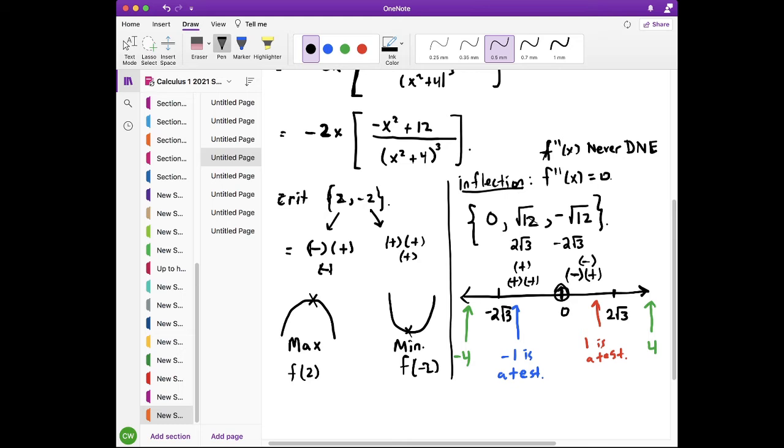How about when you plug in negative 4, you get a positive. And now what happens in the second factor when you plug in negative 4? And remember, I'm ignoring the denominator, because it's always positive, so who cares? When you plug in negative 4 here, in negative x squared plus 12, do you get a positive or a negative number?